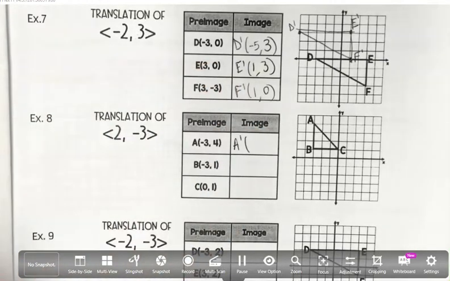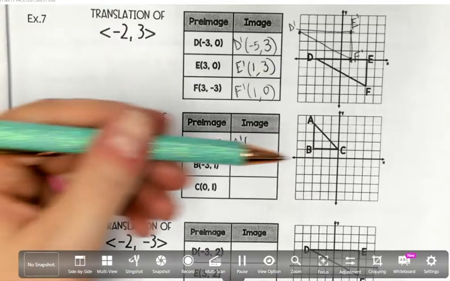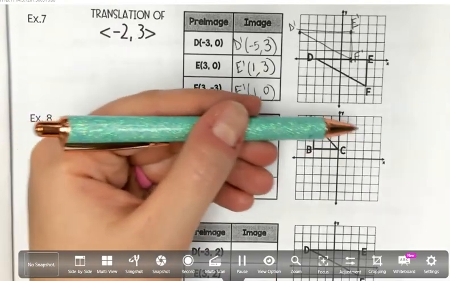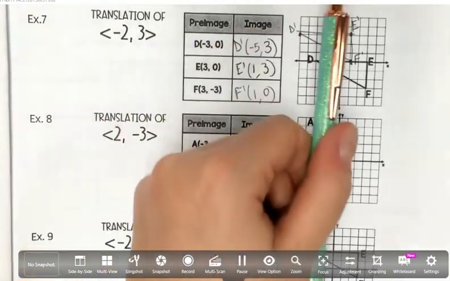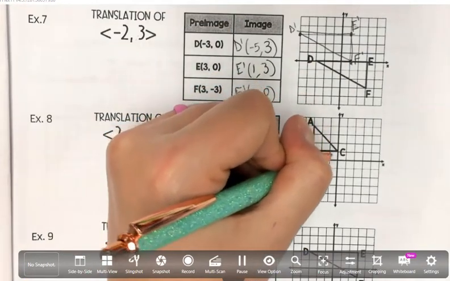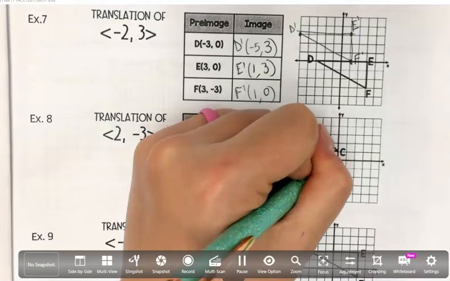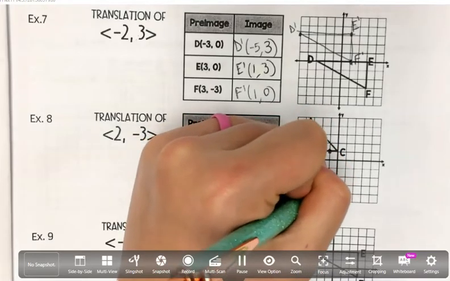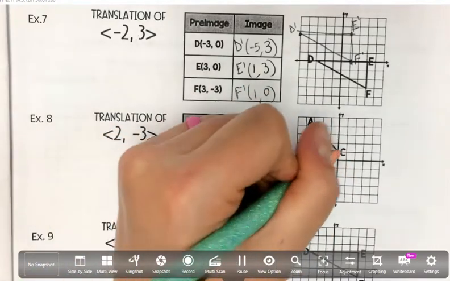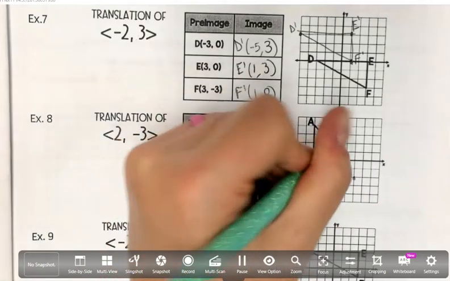But our A prime, so this time let's just try to count. It's going to go 2 to the right because it's a positive 2, and to the right is positive, and 3 down. So we're going to start here and we're going to go 1, 2, 1, 2, 3. And we're going to go 1, 2, 1, 2, 3, and that's our new B, our B prime. And then from C we're going to go 1, 2, 1, 2, 3.